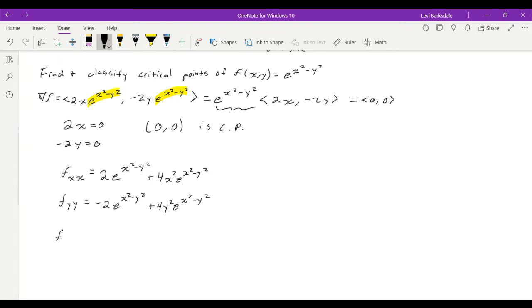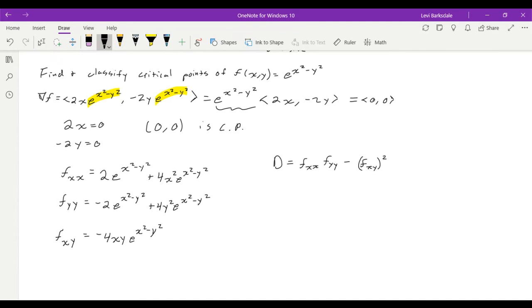And finally, we have f sub xy, and for that we get a derivative of minus 4xy e to the x squared minus y squared. Now, we could write out d in terms of all of these, but we can also write that d is f sub xx, f sub yy minus f sub xy squared.